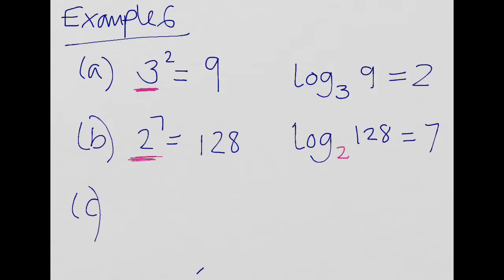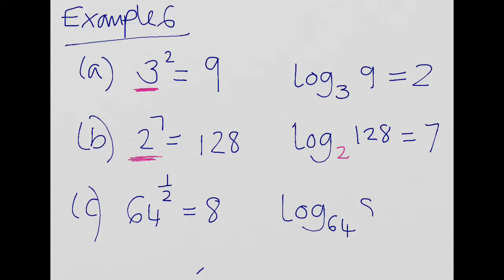C, 64 to the power of a half equals 8. So log, what's your base going to be? Can you guess what it's going to be? Yes, 64. And what am I doing the log of? I'm doing the log of 8 to the base 64 is equal to my exponent, a half.